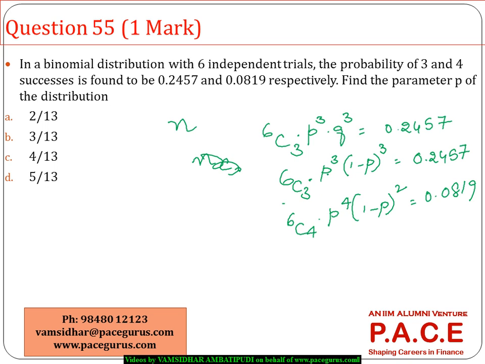So I can very well find out the value of p, because this is working even from the first one. 6C3 is nothing but 20. So p cube into (1 minus p) cube is equal to 0.2457 by 20.